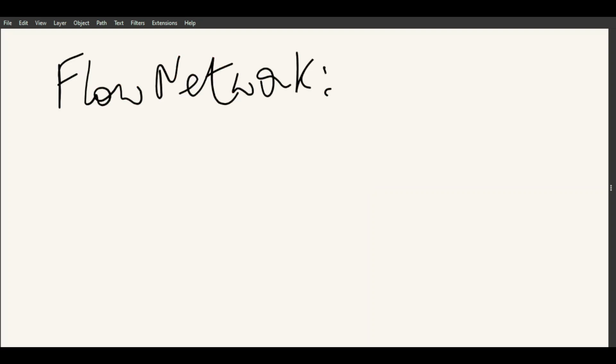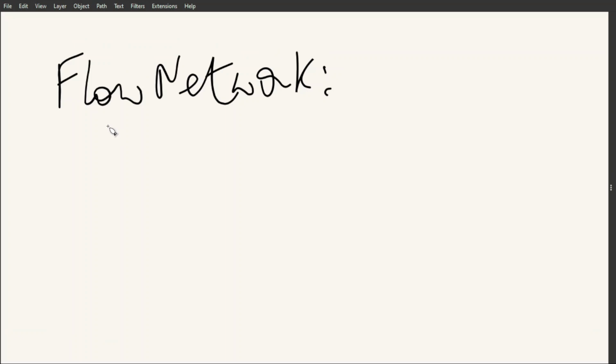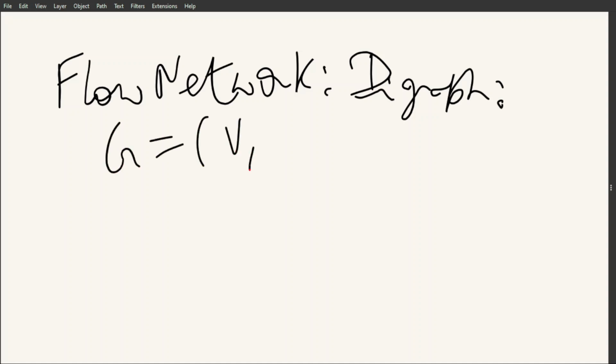So first we define flow network. So flow network, we can define it as a directed graph. So first we have a directed graph. Let G be (V, E).